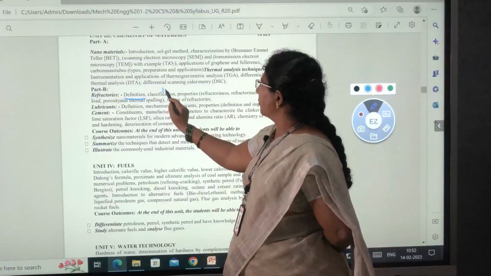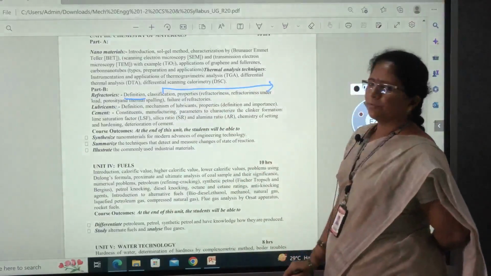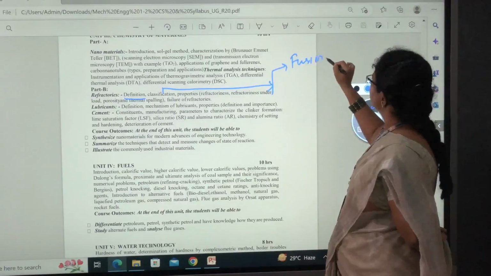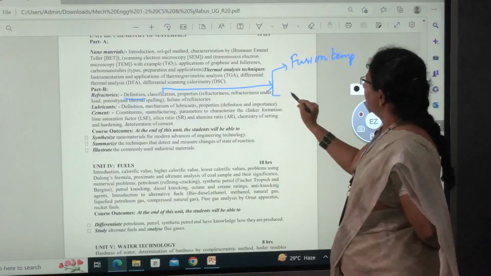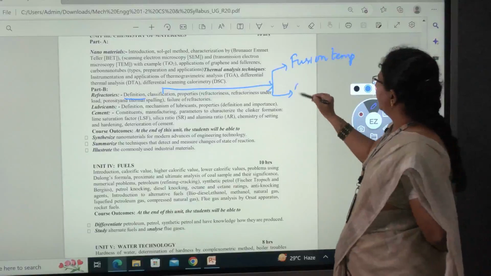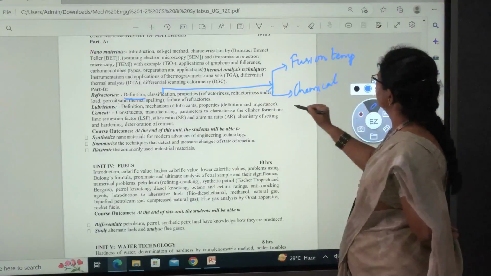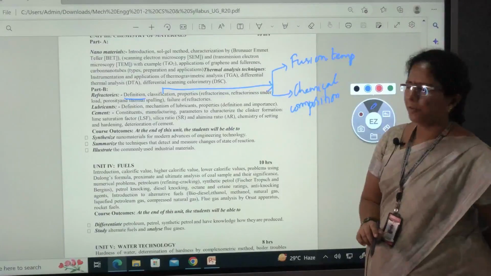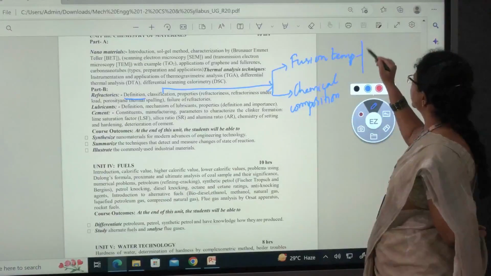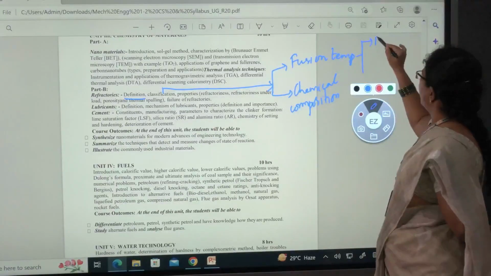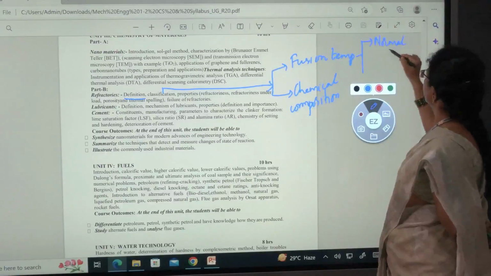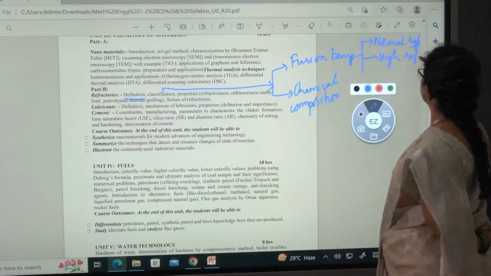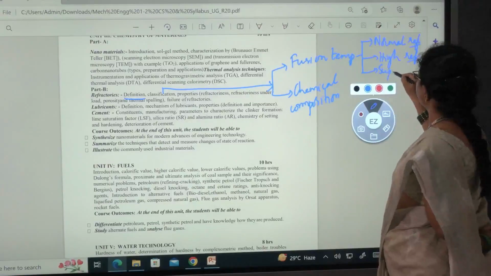And next one is classification of refractories. Here refractories will be classified basing on the fusion temperature, and we can discuss the classification basing on the chemical composition. Coming to the classification based on fusion temperature, they will be classified into three types as normal refractories, high refractories, and super refractories.